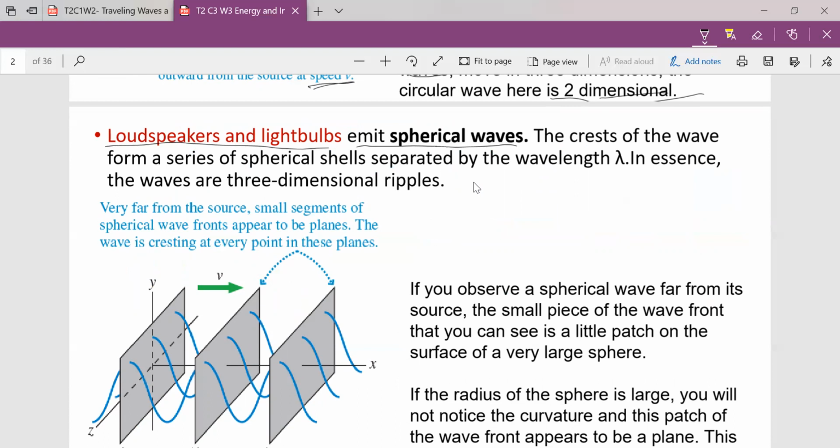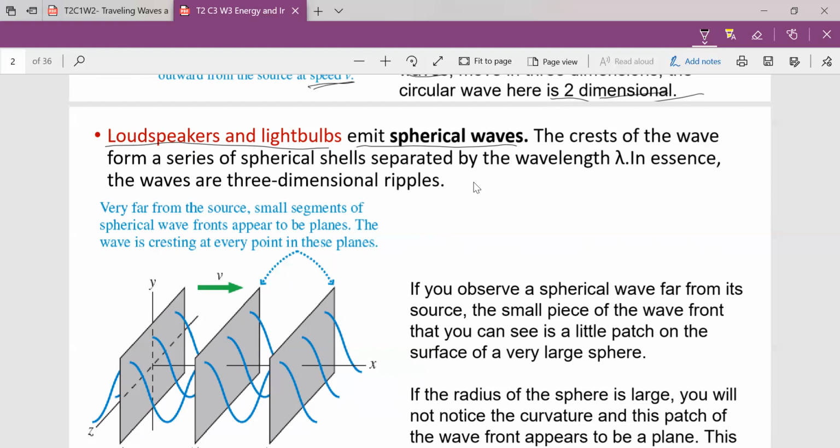All right, we have emphasized that for the circular wave at the extreme end, when they are spreading out, if you take a portion and look at it, it's going to appear like a straight line. All right, that is not the description of the plane wave we want to refer to. We'll see that later. So the loudspeaker and your light bulb emit a kind of 3-dimensional wave.